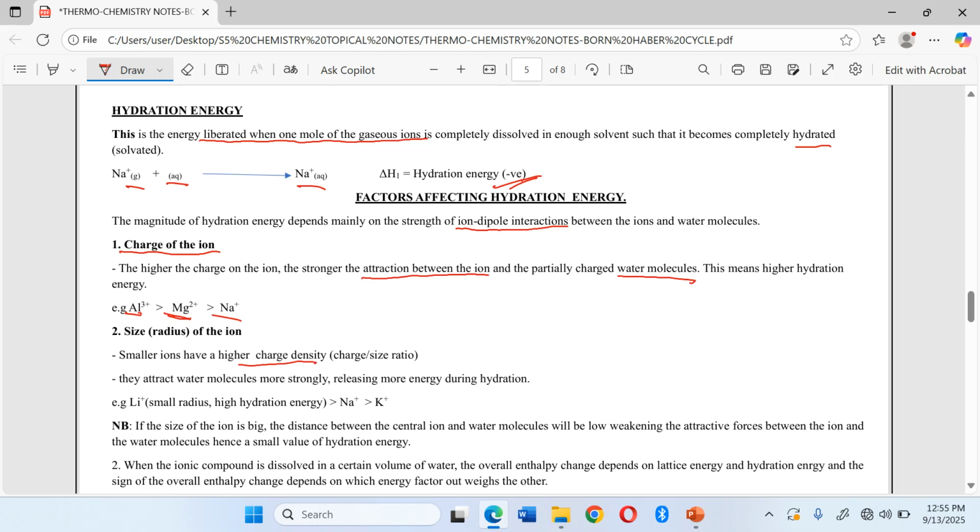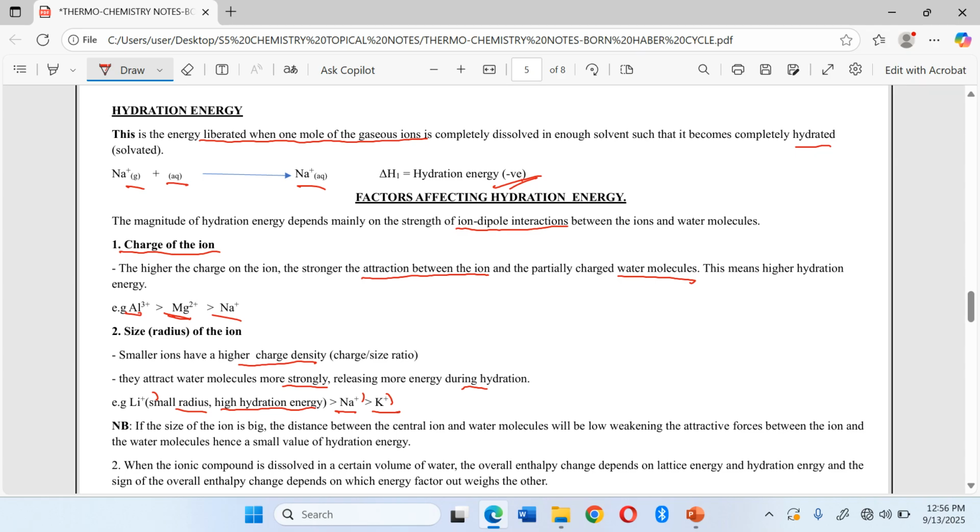Then the size or radius of the ion: the smaller the ion, the higher the charge density. Therefore, they attract water molecules more strongly, releasing more energy during hydration. So lithium has a small radius, therefore it has a higher hydration energy compared to sodium ions and potassium ions. You can see these ones have the same charge, so the difference is not about the charge now, but about the size.